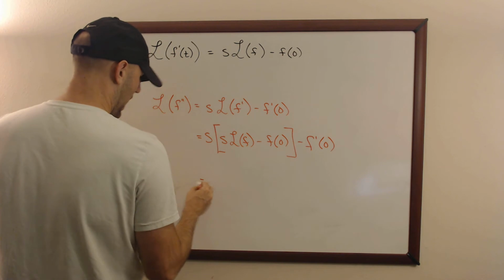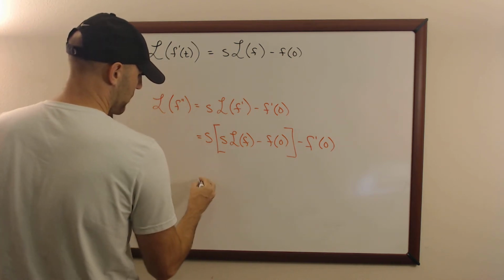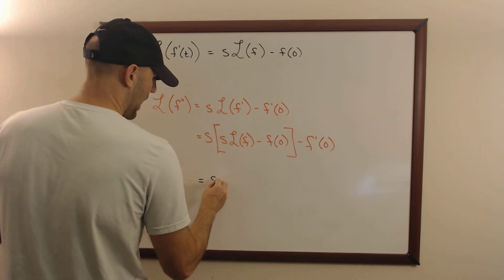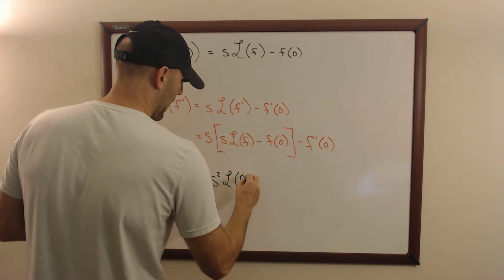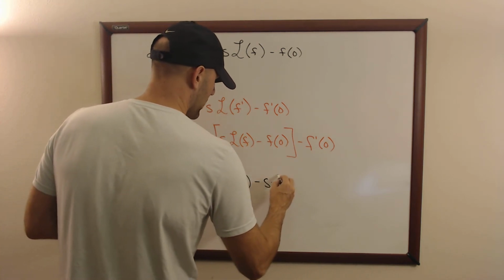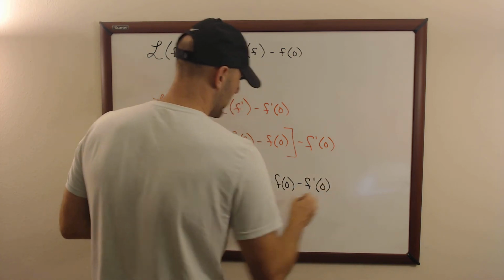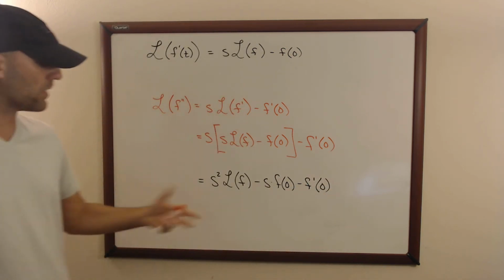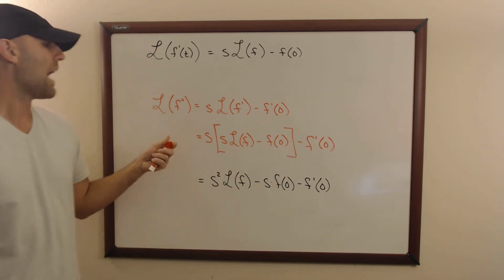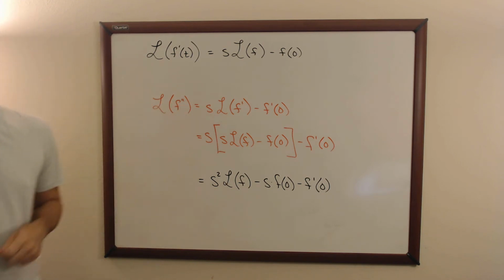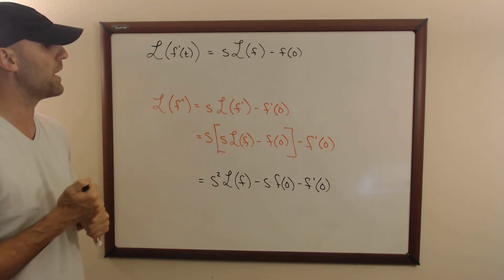And distributing, we have this formula here, which we're going to use for the Laplace transform of f double prime. I have s squared times the Laplace transform of f minus s times f of 0 minus f prime of 0. So this polynomial type term here will just get longer as we apply it to larger and larger derivatives of f. Okay?